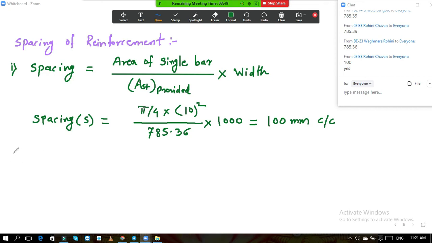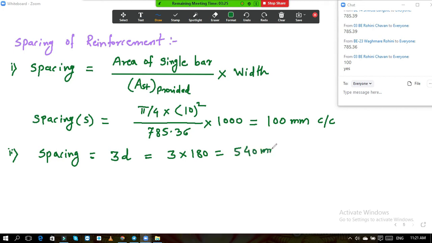That is by the first case. Then in the second case, spacing, these clauses are given in the IS code. We have already studied this in DCS 1. So the spacing is equal to 3d, so it is 3 into our depth 180. So it will be 540, I think.